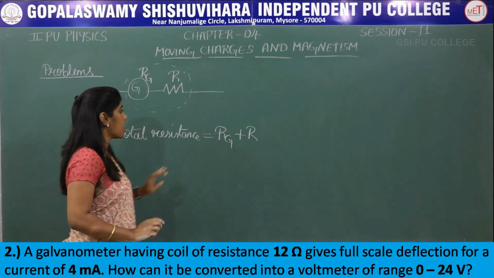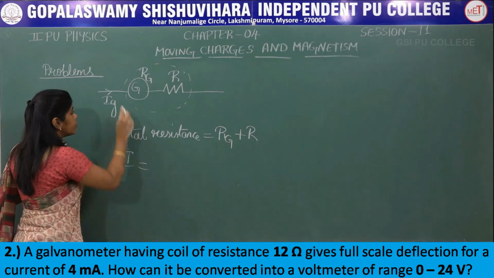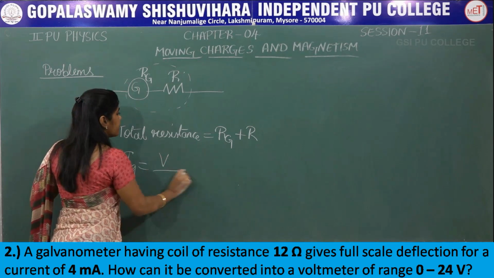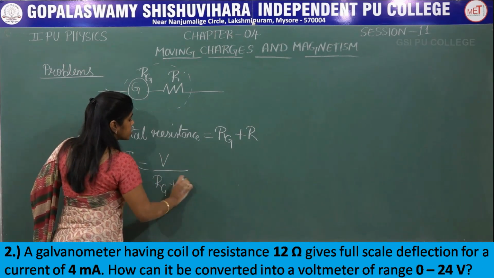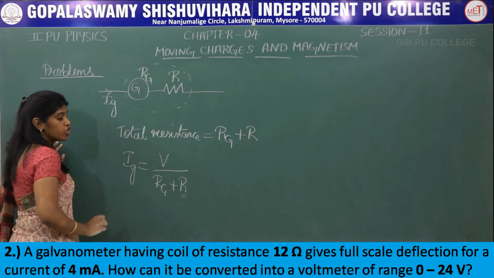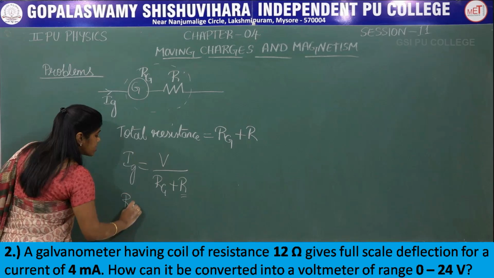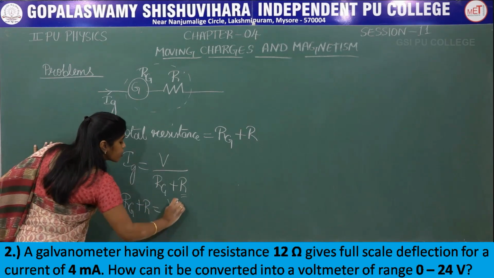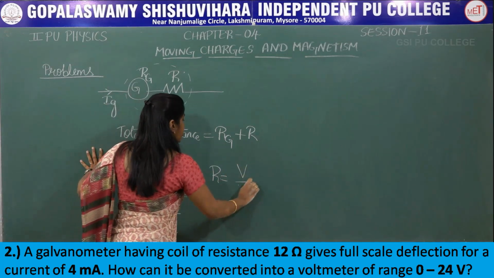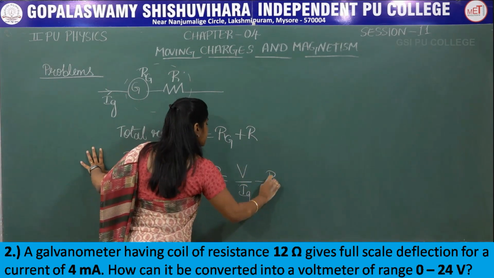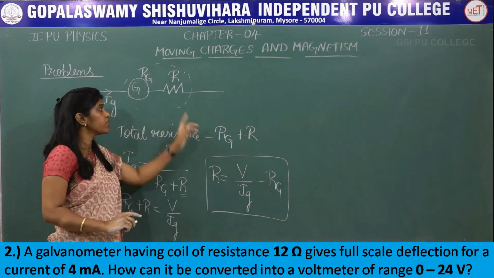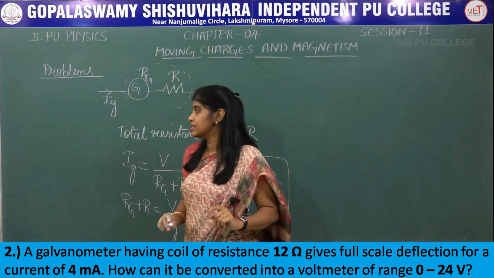Now the current which is flowing in this circuit will be equal to V by Rg plus R. Next I need to find what is R. So I am going to write this as Rg plus R is equal to V by Ig, or R is equal to V by Ig minus Rg. So this is the formula which I am going to use to find the value of this high resistance.